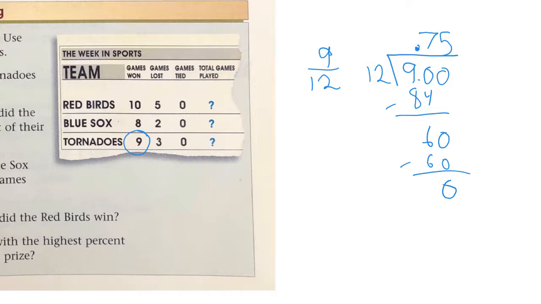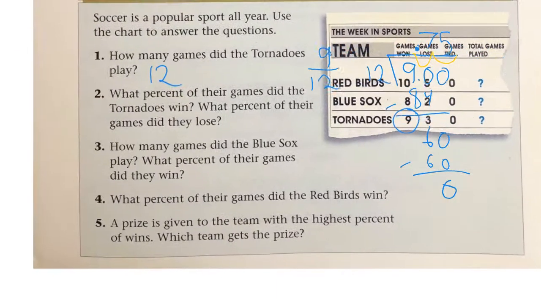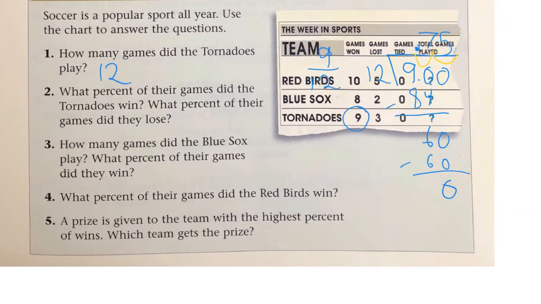Put the decimal up here. And now we're going to move the decimal 2 places to the right. And so we will get our answer. Oh, it didn't move.